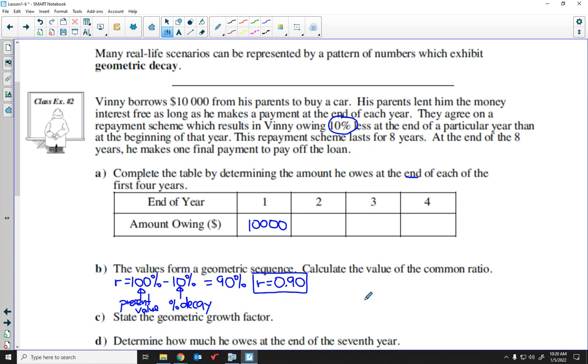And if we convert it to a decimal number, we're going to get 0.90. I just want to make a quick note about what you're thinking about anytime you deal with decay.